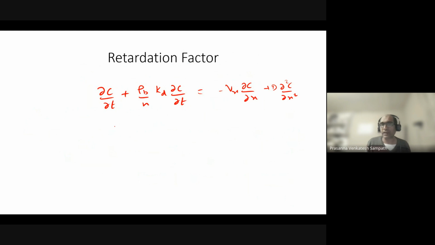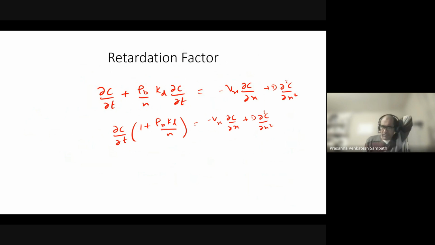So which means I can write this as dou C by dou t into 1 plus rho b KD divided by n equal to minus vx dou C by dou x. Okay, now this 1 plus rho b into KD divided by n, this number is sometimes referred to as capital R, which is called the retardation factor.